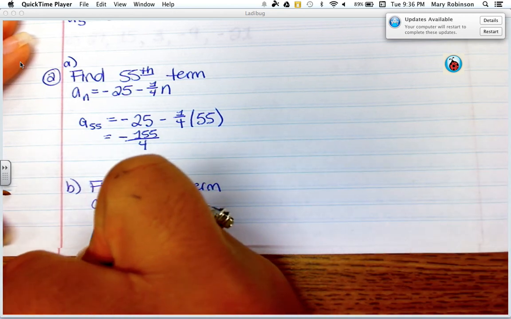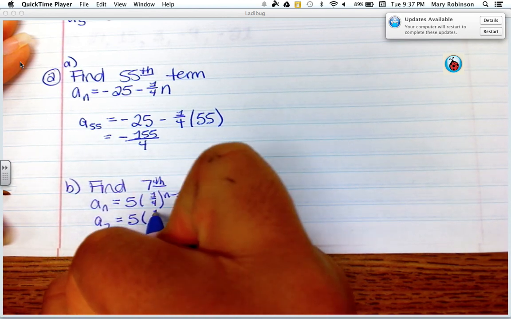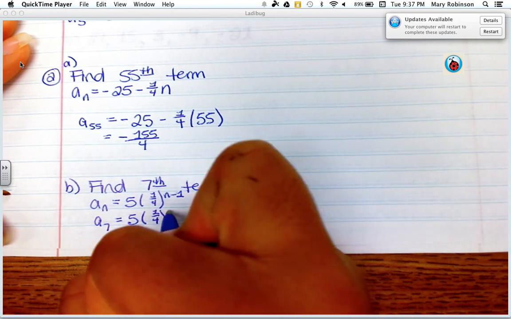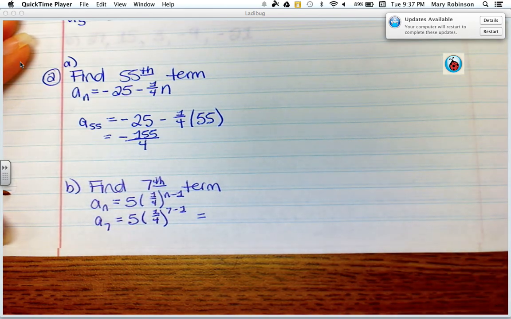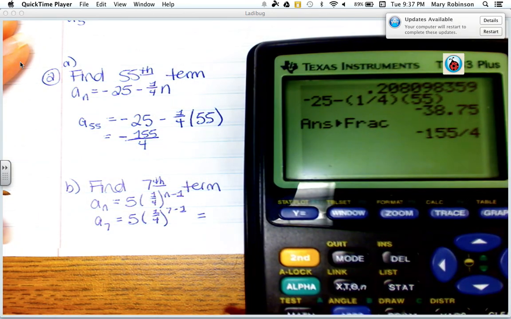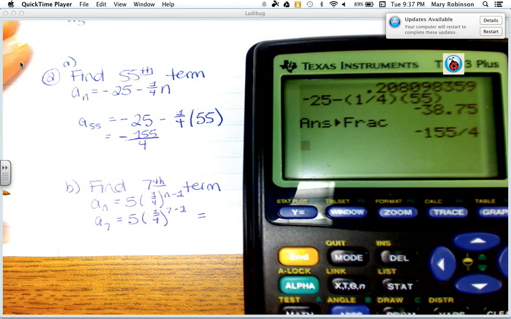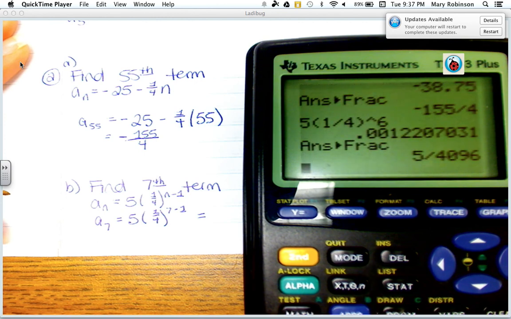Alright, so A sub 7 is going to equal 5 times 1/4 to the 7 minus 1 power. So when we type this in the calculator, we should get 5 over 4096.